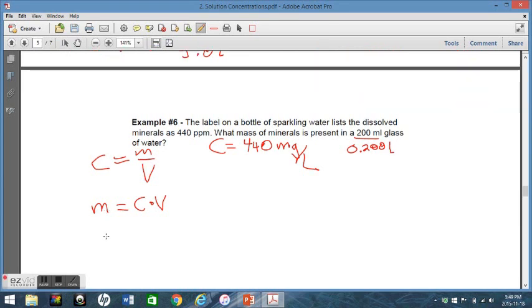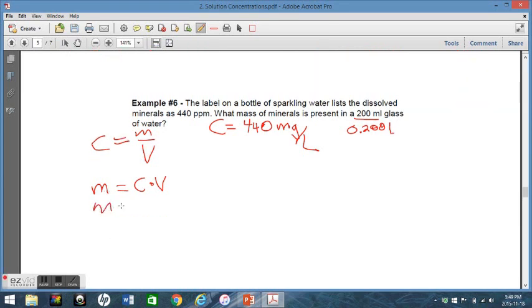My mass then is equal to 440 milligrams per liter, multiplied by 0.200 liters.